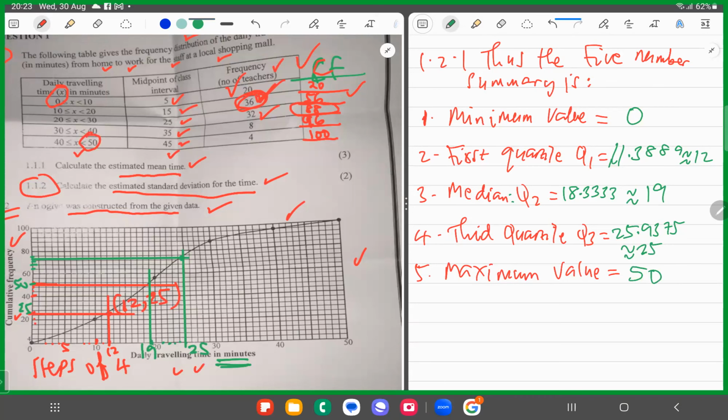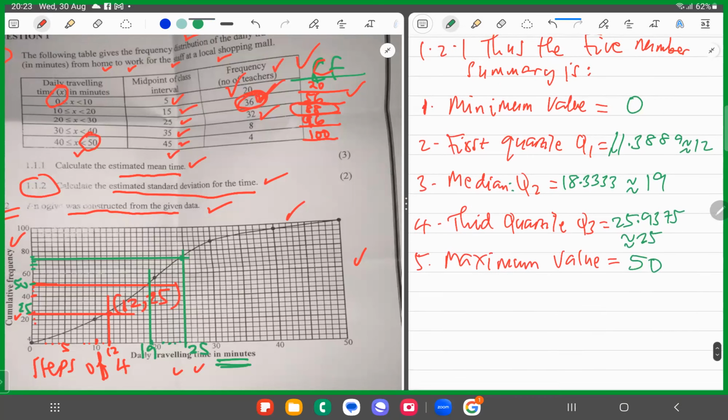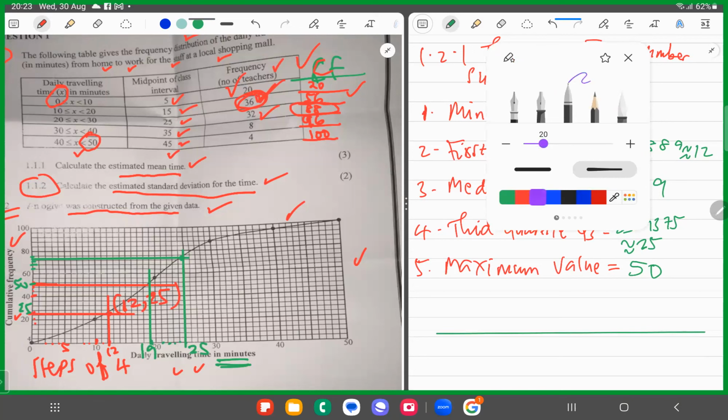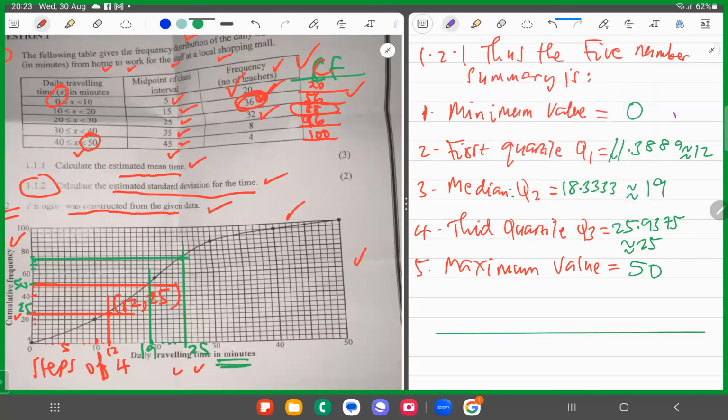So let's just draw the box and whisker plot for this one. We're going to draw a horizontal axis like this, and then we're going to draw the box.